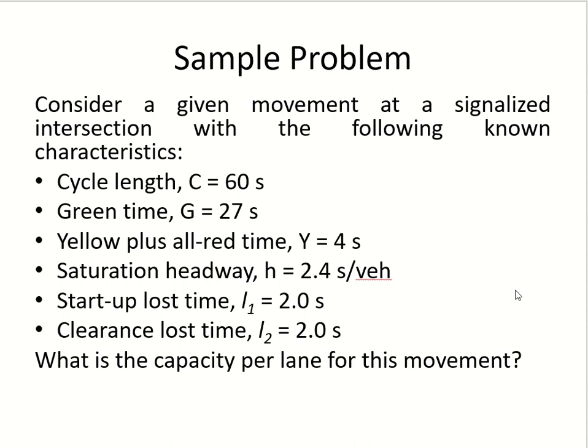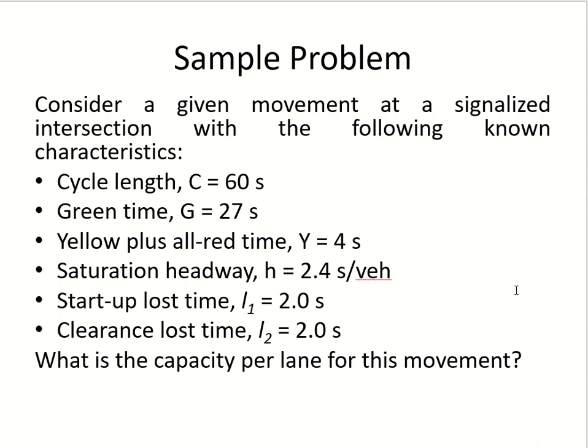Okay. One thing. What happens during effective green? During effective green time, the vehicles are supposed to move or cross the stop line at saturation headway. During effective green time, the headway between the vehicles is equal to saturation headway.